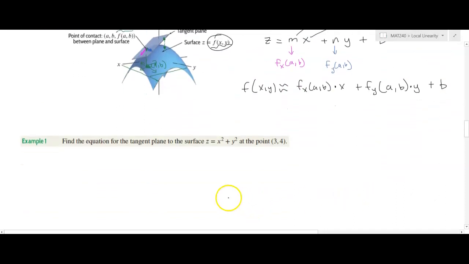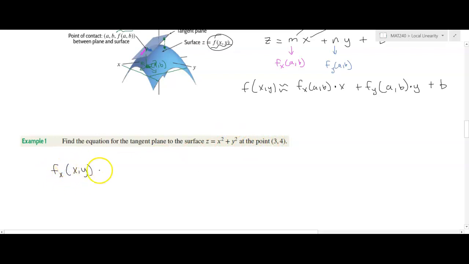So let's take a look at this particular example. At the point 3, 4, if we think about a being 3 and b being 4, then first of all, in order to estimate this paraboloid at that point, I would need the partial derivatives. I would need to know what the slopes are in the x and y directions.